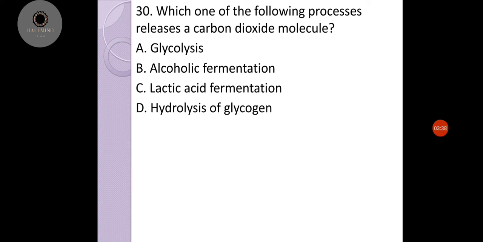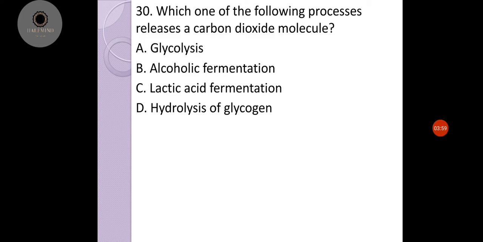To be specific, in the stages of Krebs cycle and the... I forgot the other stage. But during glycolysis, there will be no production of carbon dioxide. So, X na yung letter A natin. It's either B, C, or D.